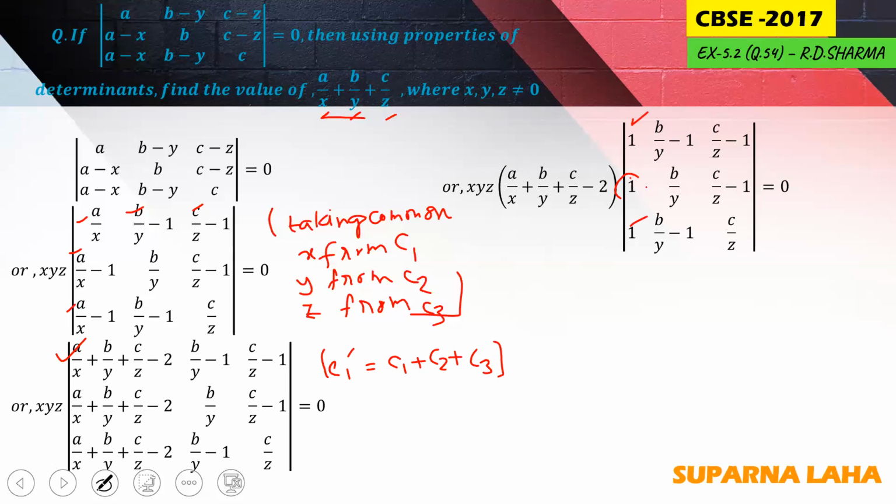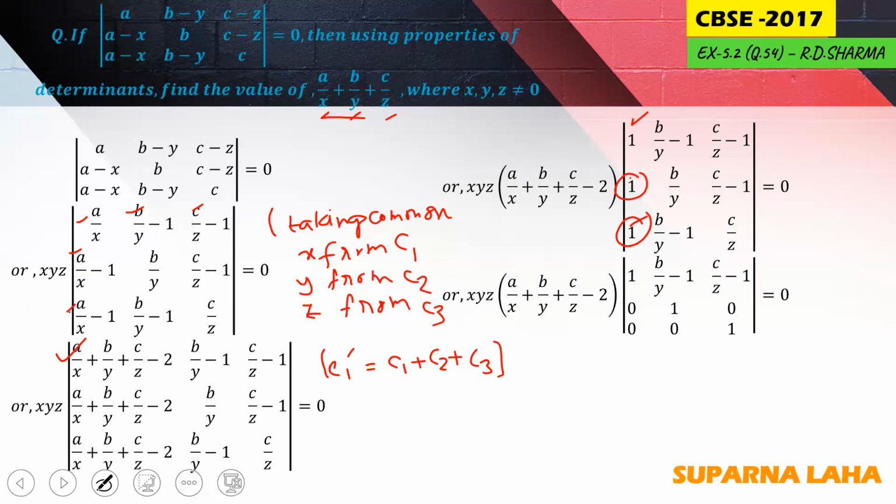You need to make these elements 0, so the same type of operation: R2 dash is equal to R2 minus R1, and R3 dash is equal to R3 minus R1.